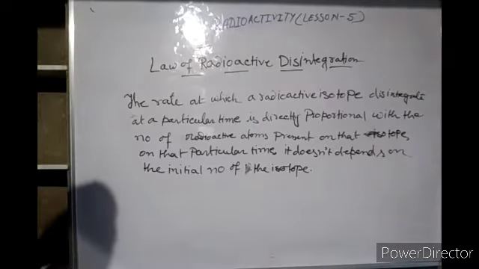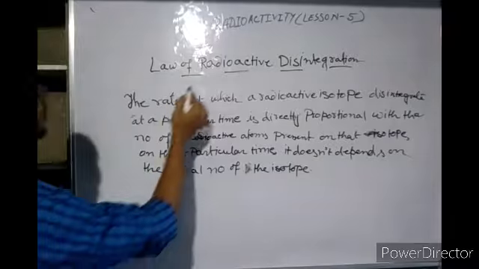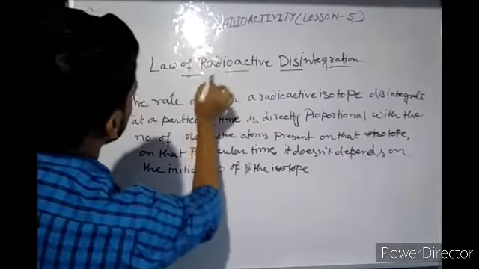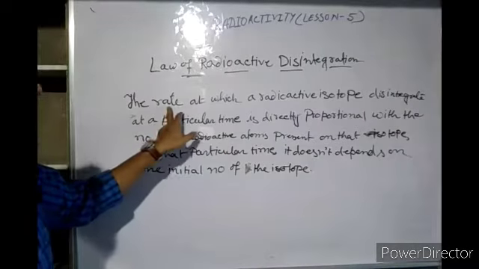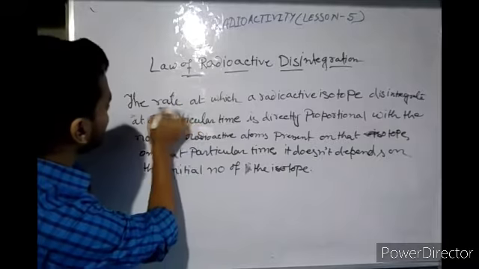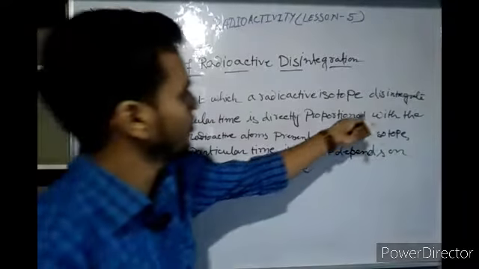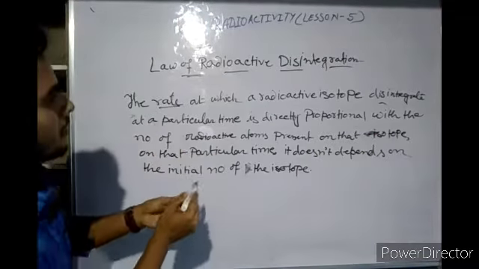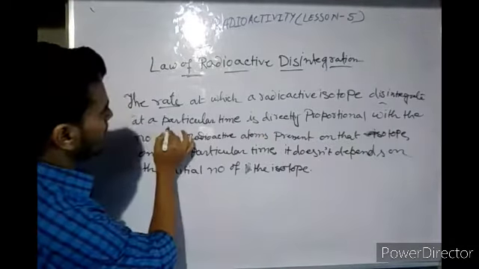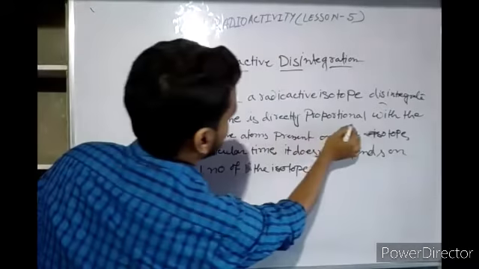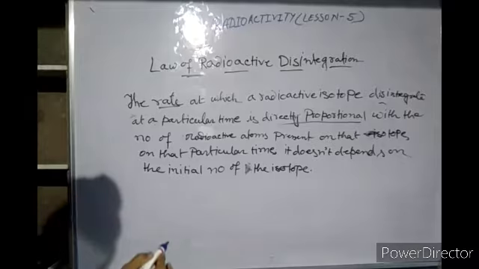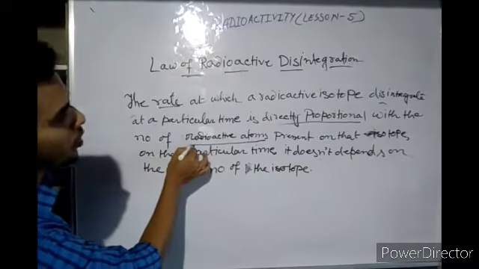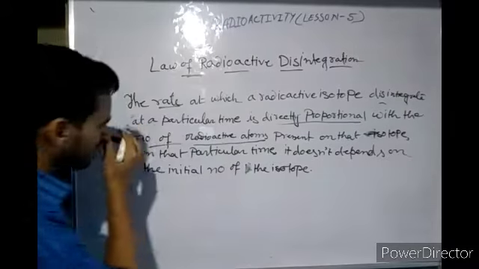Means the law of radioactive disintegration shows the rate dependence on which factor? The rate of a radioactive isotope is directly proportional to the number of radioactive atoms present at that particular time.